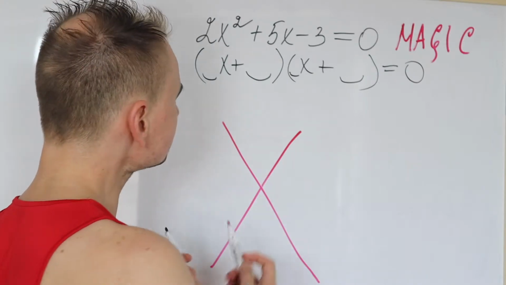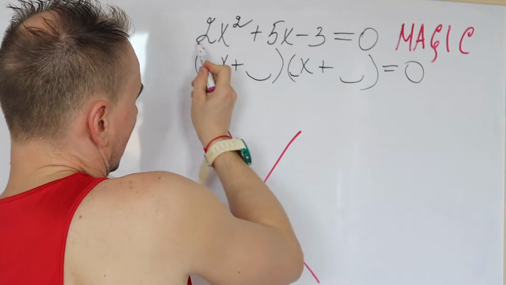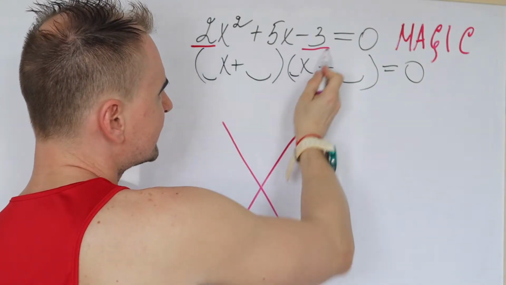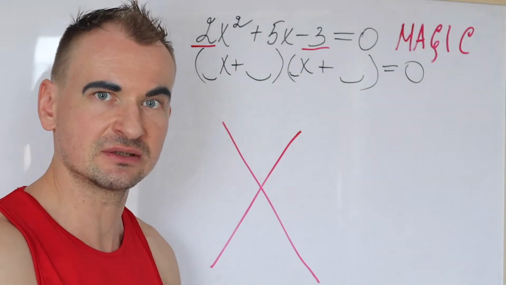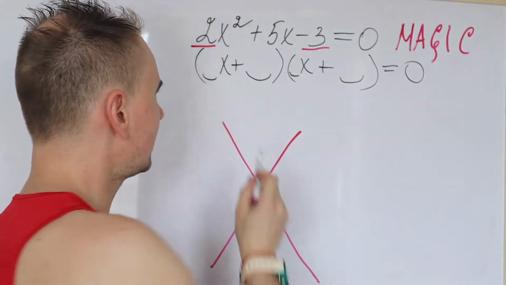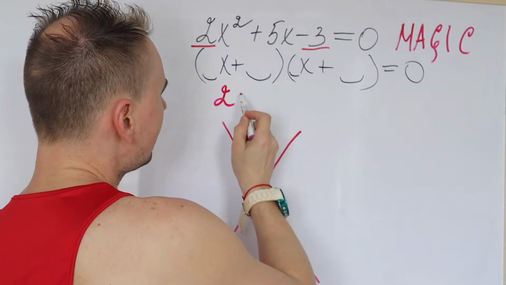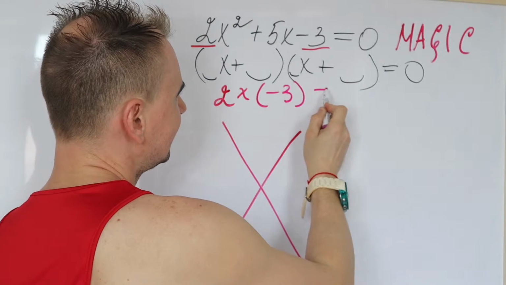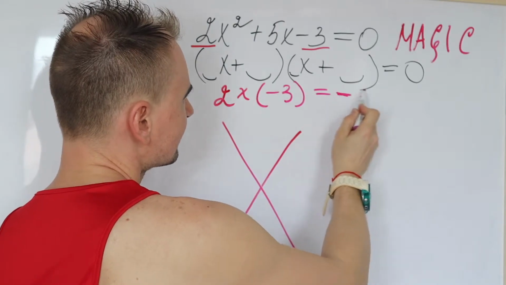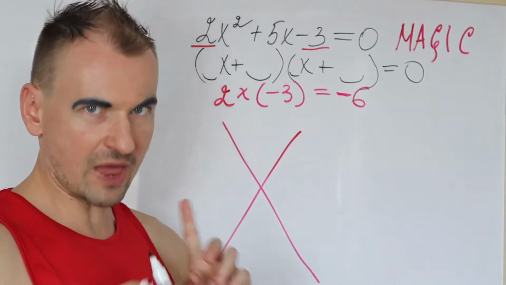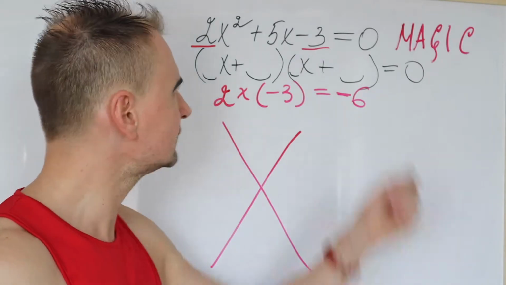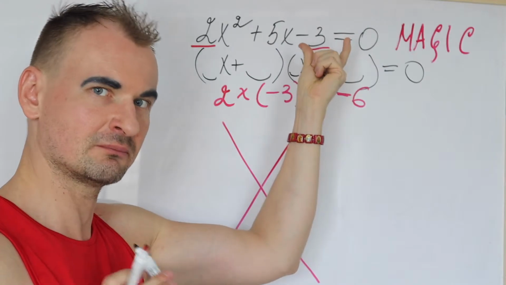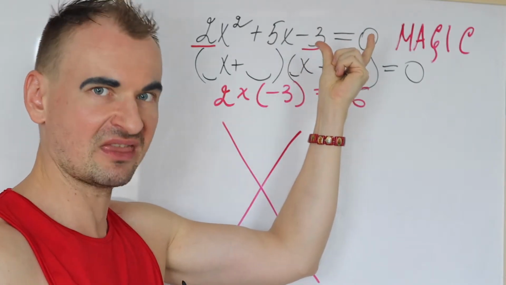Now, you take your first leading coefficient 2 and you take your last coefficient, namely -3, and you multiply them out. You would get -6. And one thing I would like to point out is that the last coefficient is not 3 that many people might think of.